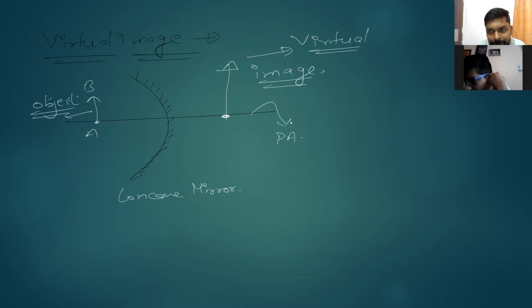Because this is on the other side of the mirror. This side is well polished, so the light rays never go to this side. In the real case, they are going to the right side of the mirror only virtually. So this image is known as a virtual image.